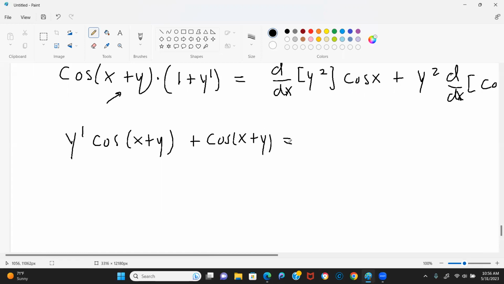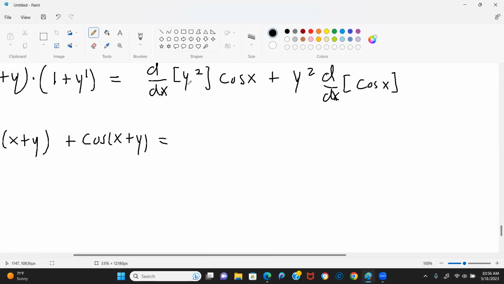And on the right-hand side, we apply the chain rule to this piece. It's going to be 2 times y prime cosine of x, and then we need to take this derivative. Remember the derivative of cosine is negative sine, so it's going to be negative y squared sine of x.